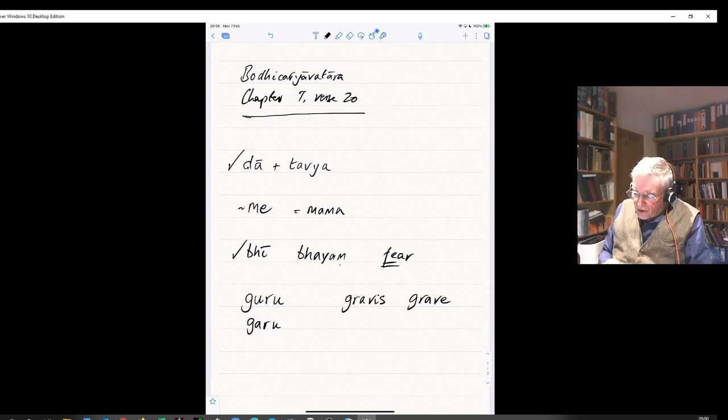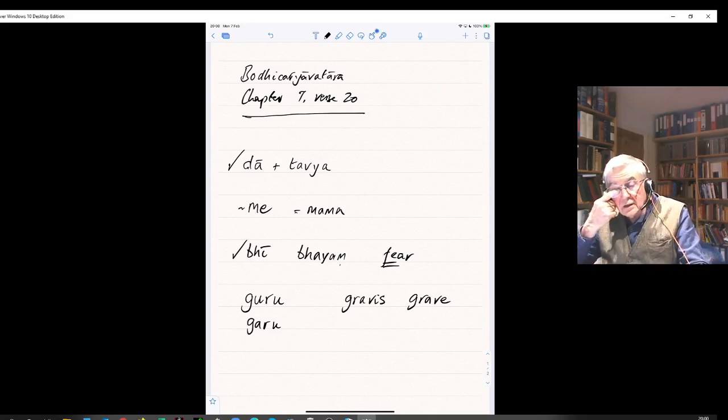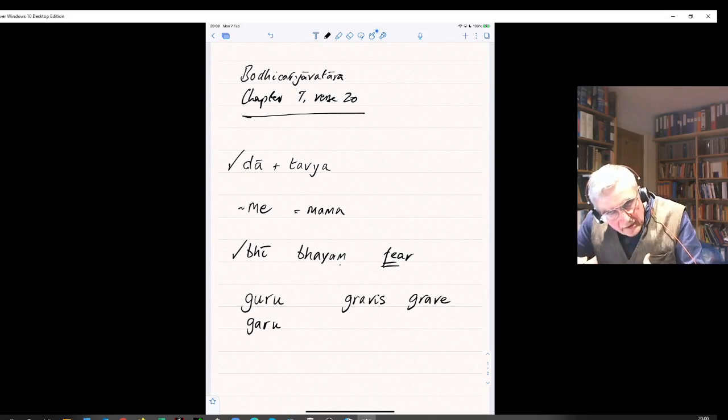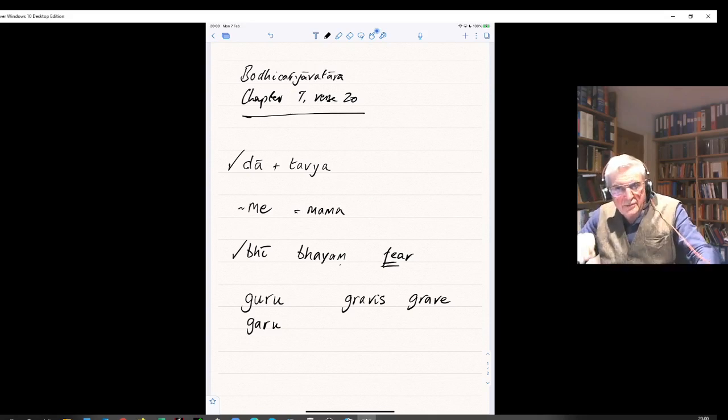So this word garu, later language guru, it came to mean teacher because your guru was the person, man or woman of gravity, of gravitas, to whom great weight was attached, who was treated respectfully and with veneration. That was the original meaning of the word.